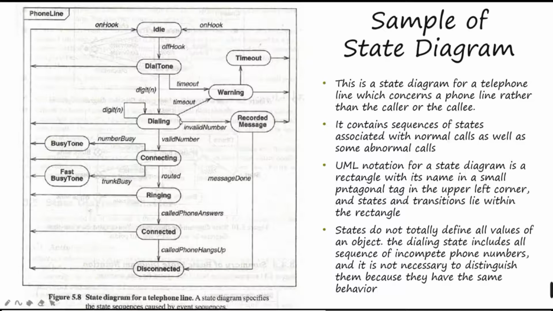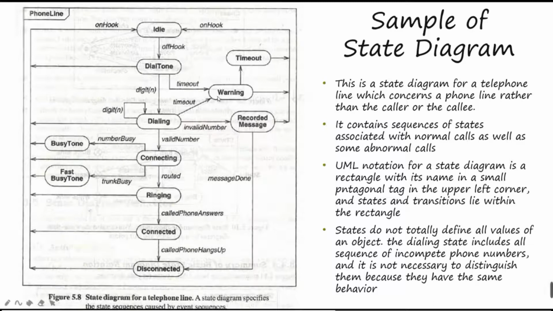And if after, say, 20 seconds, it didn't completely input a complete number, for example, if only 7 numbers are dialed, it is not a complete phone number, and it will get another message event timeout.